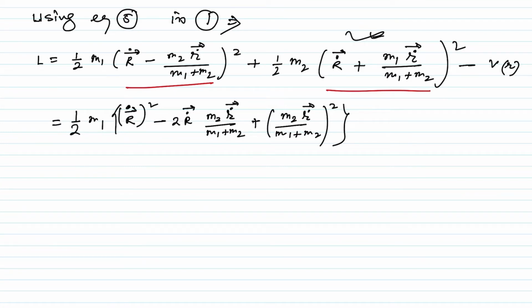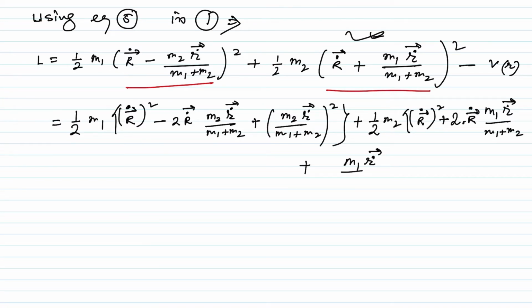And from this we will get plus half m2 within curly bracket R dot vector square, sorry, not minus, plus twice AB, where A is R dot vector, into m1 r dot vector by m1 plus m2, plus m1 r dot vector by m1 plus m2 whole square, then bracket closed again, minus V(r). That's what we have got.